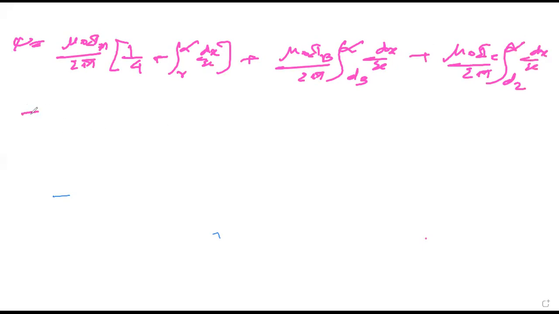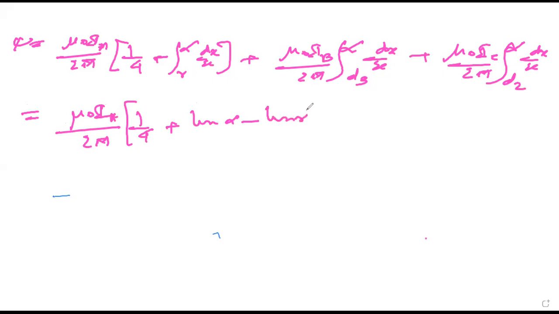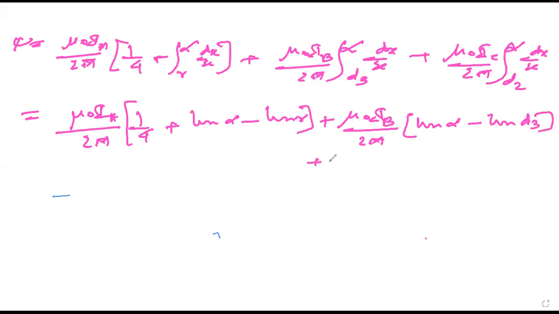Okay. So this will be mu naught IA by 2 pi, and this will be 1/4 plus ln infinity minus ln R, plus mu naught IB by 2 pi, ln infinity minus ln D3, plus mu naught IC by 2 pi, ln infinity minus ln D2. Yes or no?